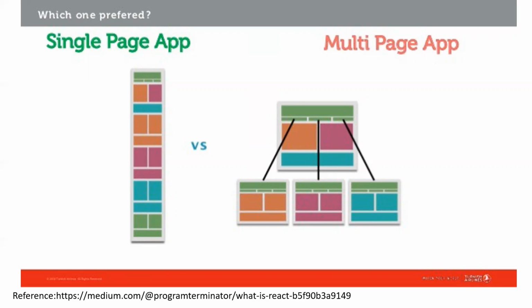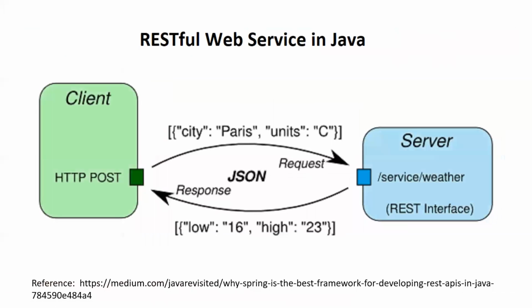Only data. The data normally has two versions. One is XML by using SOAP, the Simple Object Access Protocol. The other one is JSON, and it is usually used in Representational State Transfer architecture style development.